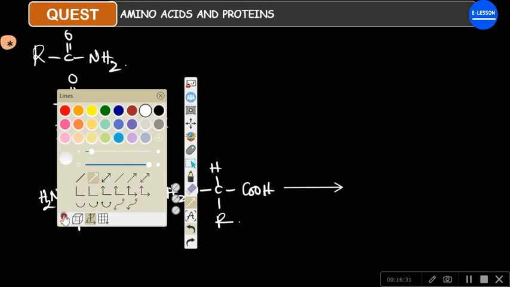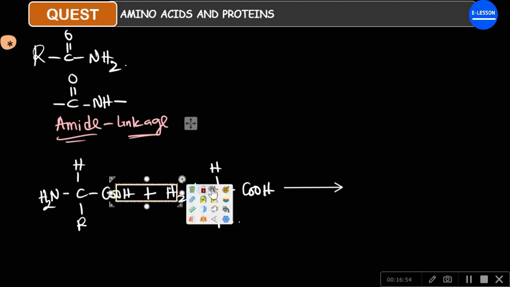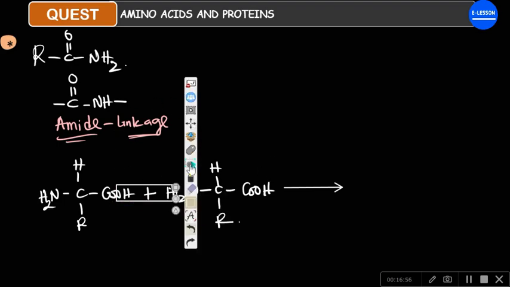Most of the reactions of organic compounds are usually condensation in nature. So if we take OH from here and then take one hydrogen from here, what do you think we are going to form? We are going to form a product, and the product of this reaction would be something like this.